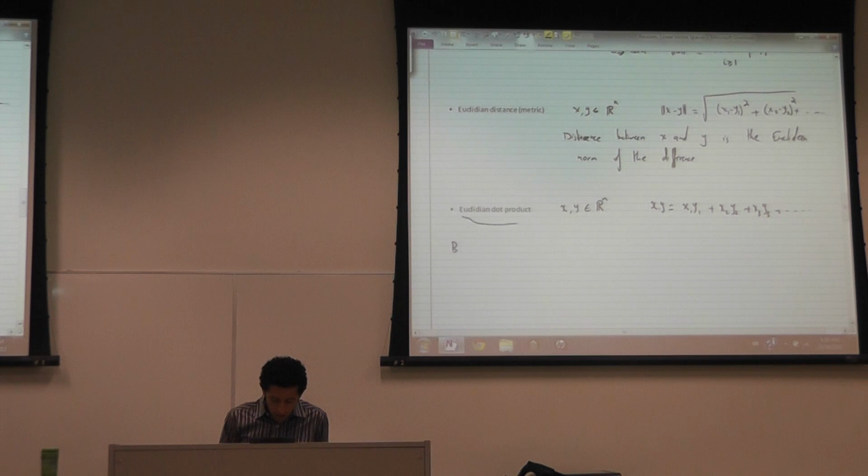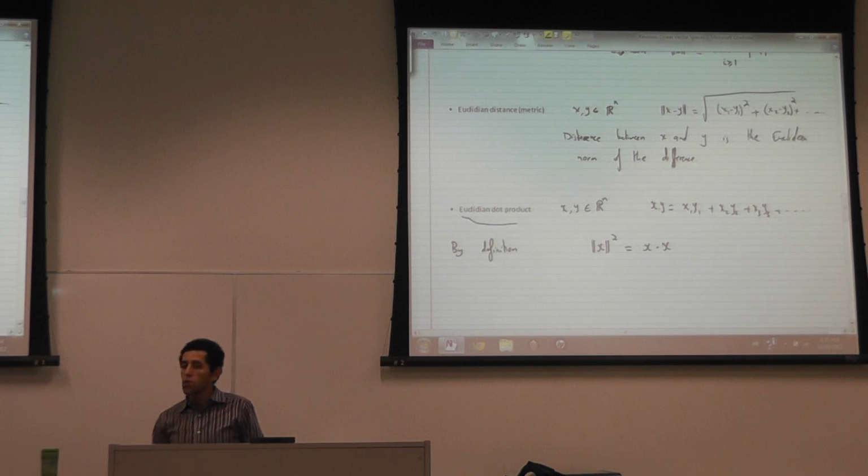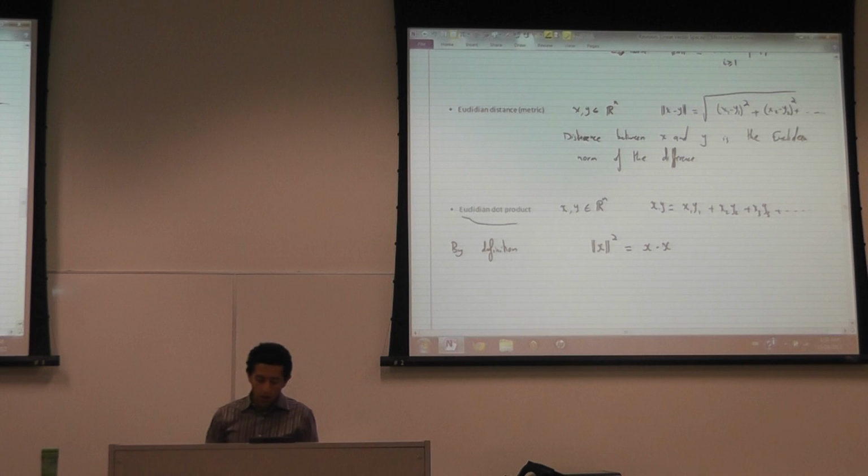By definition, only in Euclidean vector spaces, norm x squared is equal to x dot x. Just because I'm using the Euclidean norm, the Euclidean norm is actually equal to the dot product of the vector.